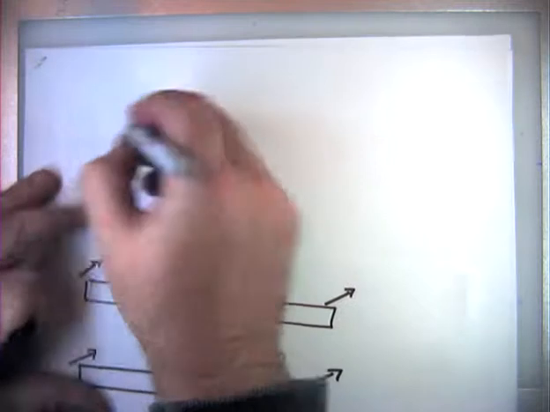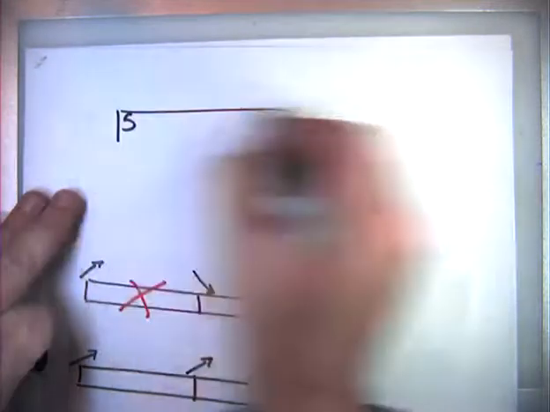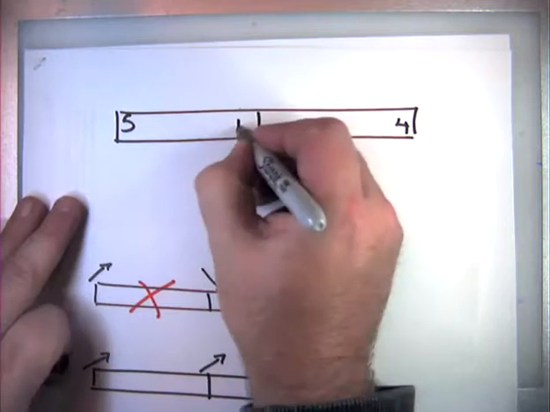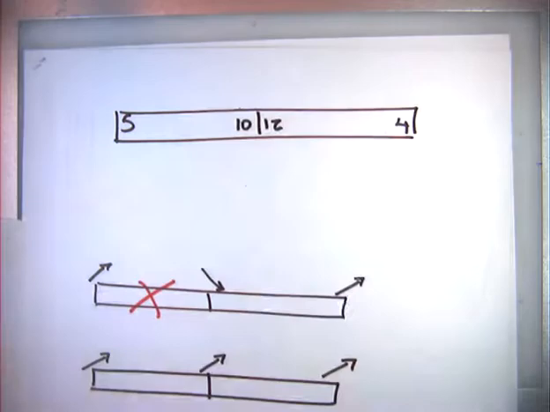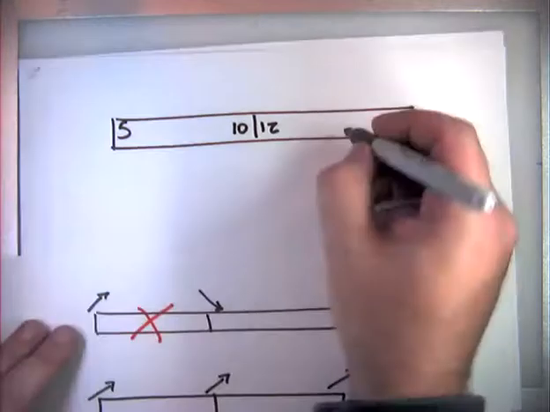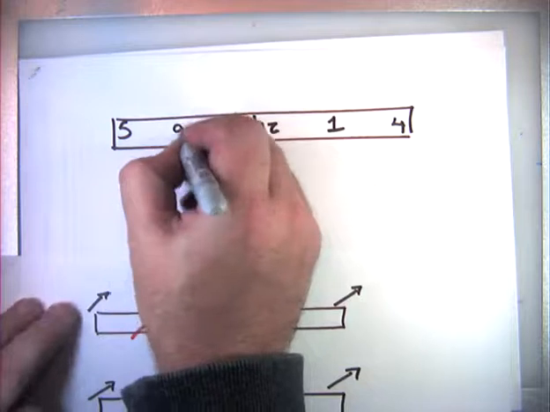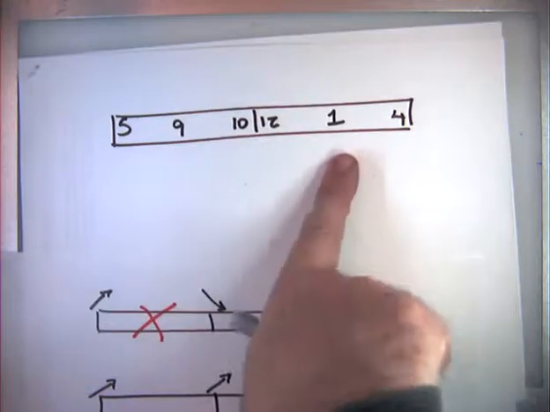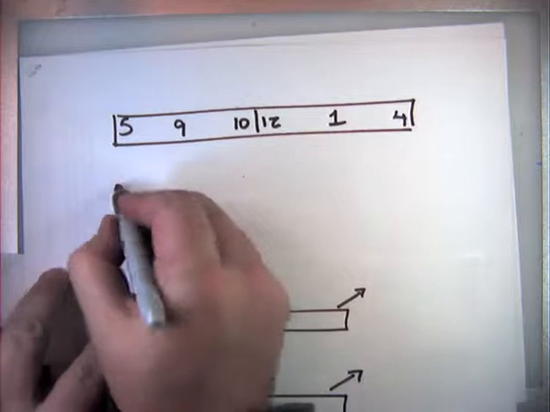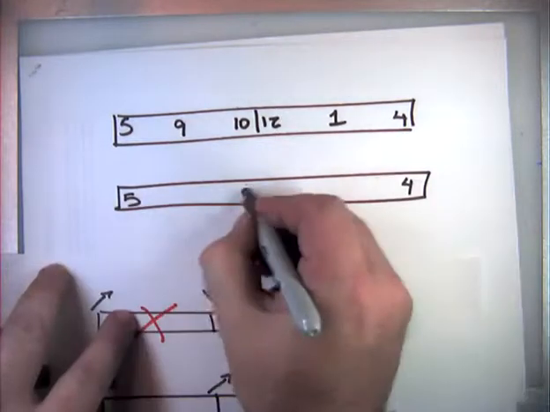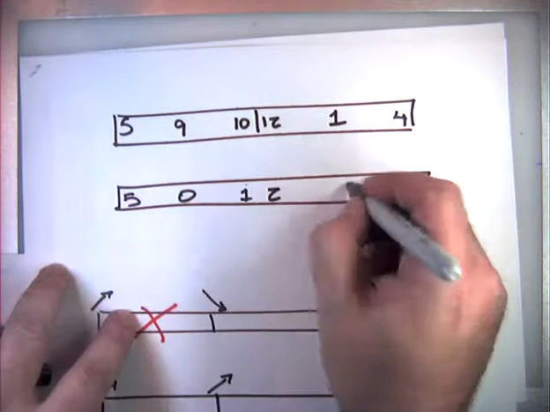Okay, let me give you 2 examples. 5, 4, 10, 12. In this case, I could fill in 2 more numbers, and notice the minimum is on the right. 5, 4, 1, 2, 0, 3.